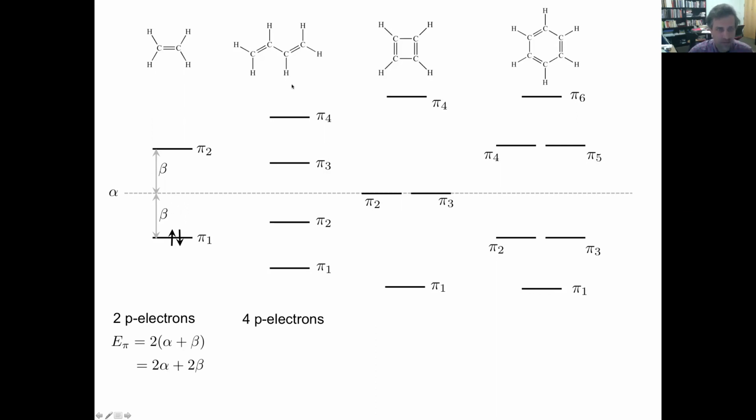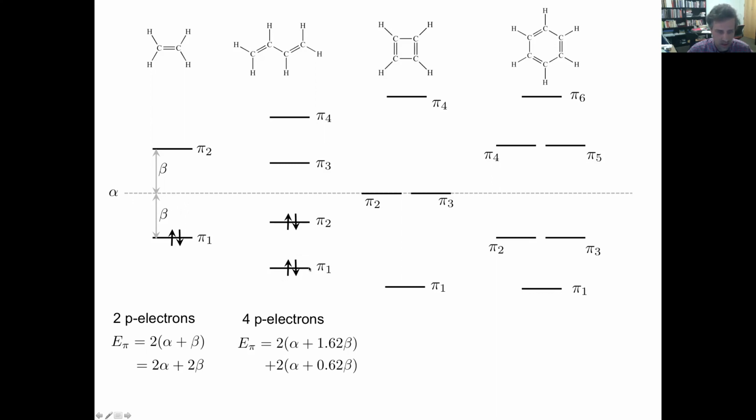Now, what if I have 4 carbon atoms participating in the pi conjugated network? Then I have, of course, 4 electrons filled out in this molecular orbital diagram. Okay, so 2 here in pi 1, 2 in pi 2. If I add up the energies, I find 2 times alpha plus 1.62 beta.